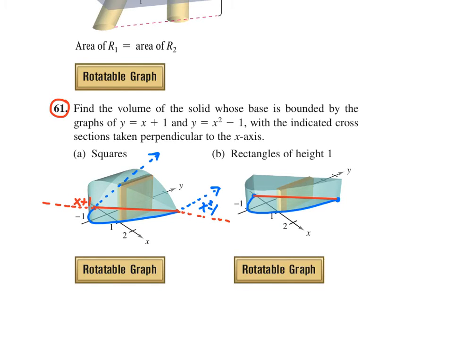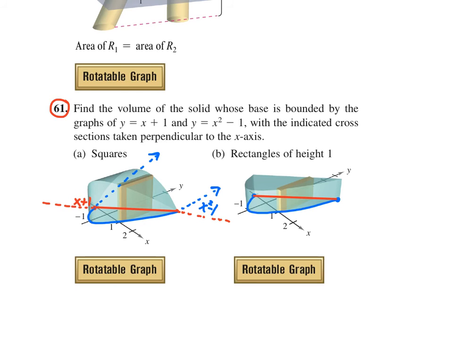Okay? And the cross section, notice we could make one of these the cross section where we have squares. Those are going to be perpendicular to the x-axis as squares, or instead of squares, we could make them all rectangles that have a height of 1.